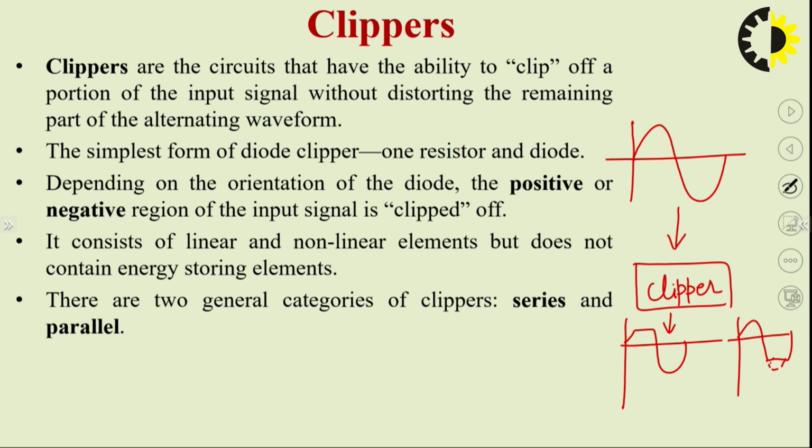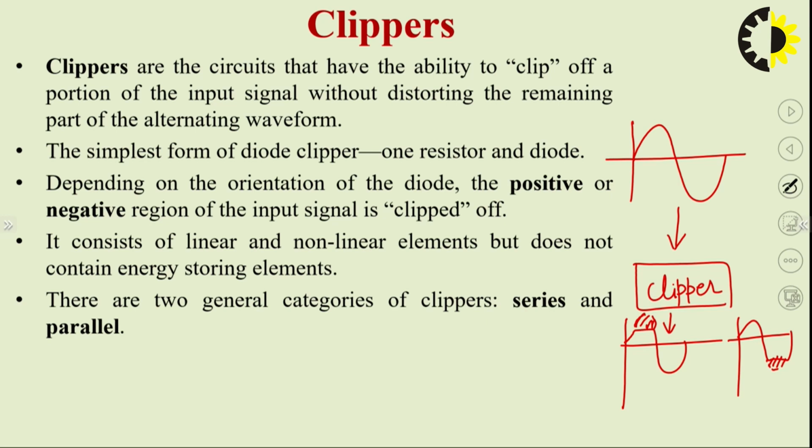You may remove this, or you may remove the complete positive half cycle or the negative half cycle, depending upon how we connect the diode in the circuit together with the other elements.